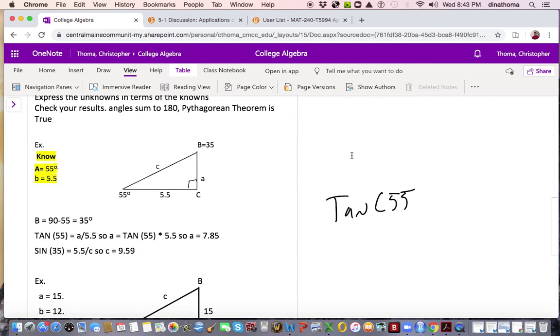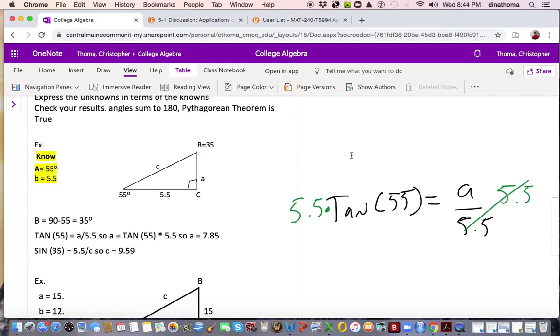Okay, tangent of 55 equals A over 5.5. If I multiply both sides by 5.5, then these two 5.5s cancel. So A equals 5.5 times the tangent of 55.